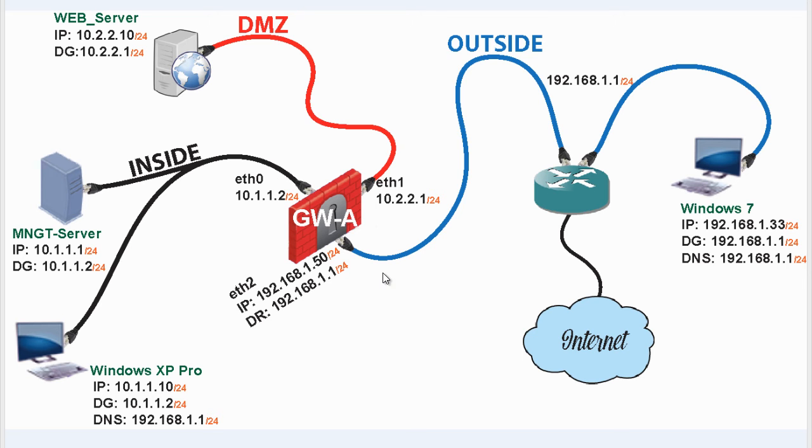We're going to use the hide NAT for our inside network. So we're going to hide our inside network behind the external IP address of the gateway, which is 192.168.1.50. Then we're going to create a static NAT for our web server.